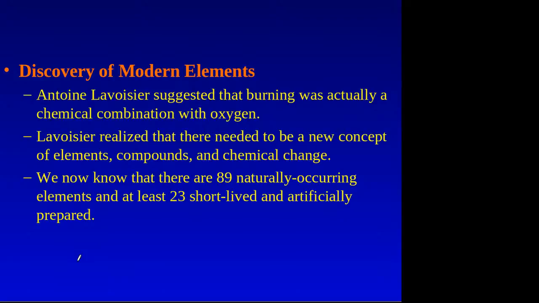And now we know that there's 112 elements. I think we're actually up to 116 because we have lab created elements now that we can create, because we found the pattern of the elements, and we can make artificial ones that don't last so long.